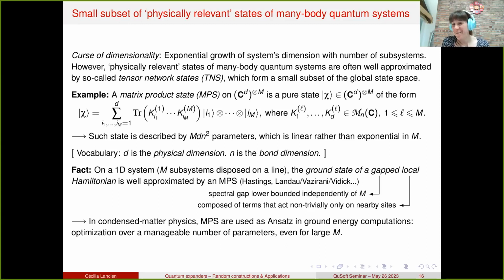So what I was just saying: now we're going to look at a very simple model of random MPS, where we impose that the MPS is what we call translation invariant. We impose that all these matrices do not depend on the site 1 to m where they are.